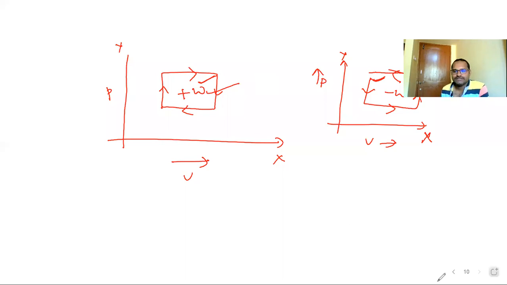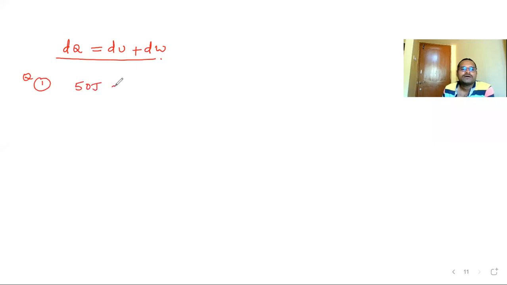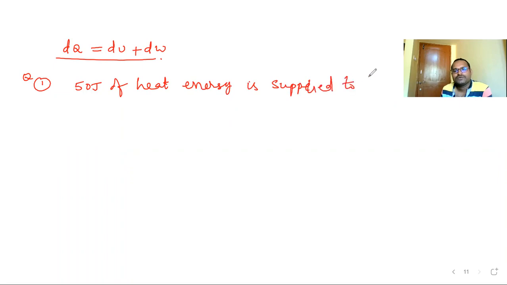Now let us take one example on the first law of thermodynamics. See, the first law of thermodynamics gives you what? dq is equal to du plus work done. Clear? Yes. All of you take one pen and paper. I am giving you one question. Suppose 50 joules of heat energy is supplied to the gas.